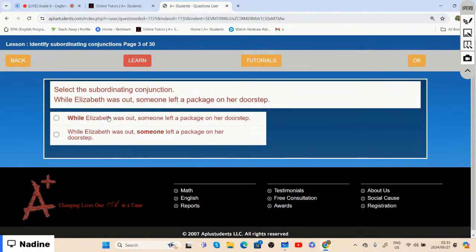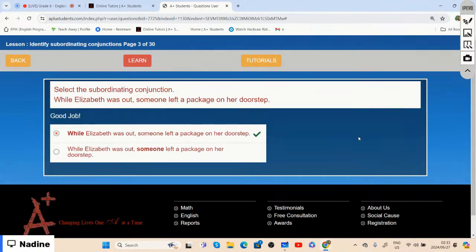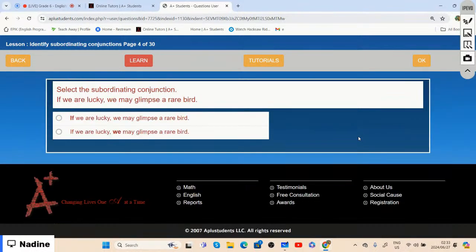So while Elizabeth was out, someone left a package on her doorstep. We need to select the subordinating conjunction. It says, if we are lucky, we may glimpse a rare bird.